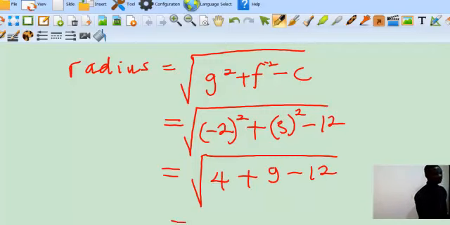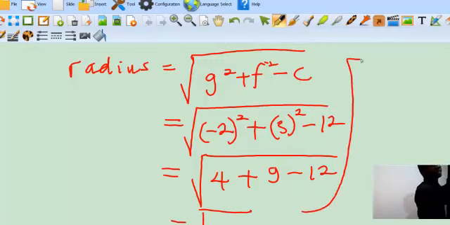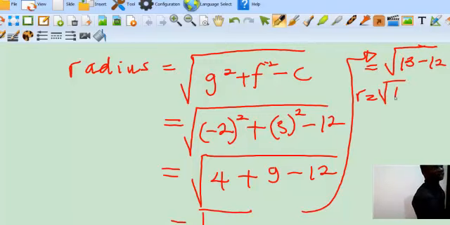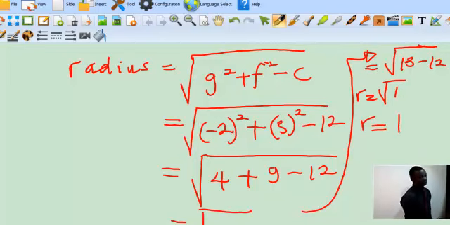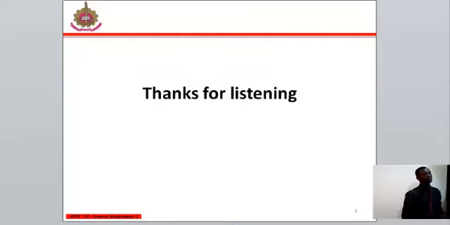And we know that 4 plus 9 is 13, 13 minus 12. That is the square root of 1, so your radius is going to be 1. So thanks for listening.